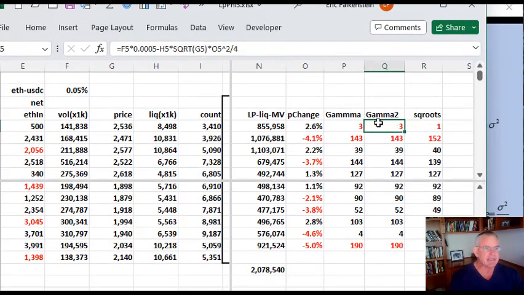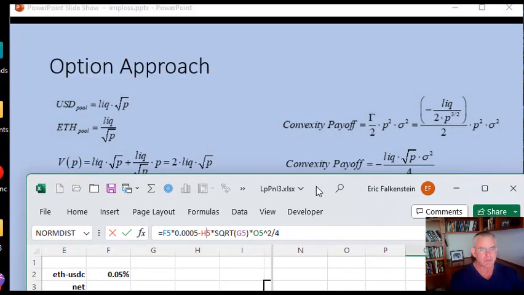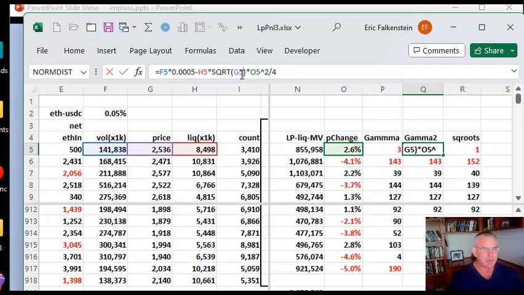Here if I just take the fee revenue, obviously this is like the theta, just absolute dollar amount traded times 5 basis points. And then it's times liquidity, and then times the square root of price, good. And then I just took the dollar change that day and I squared that. Okay, that's my variance, divided by 4. And I get that number.